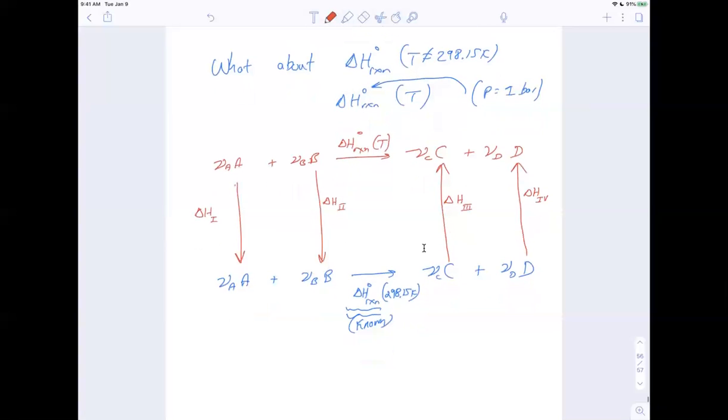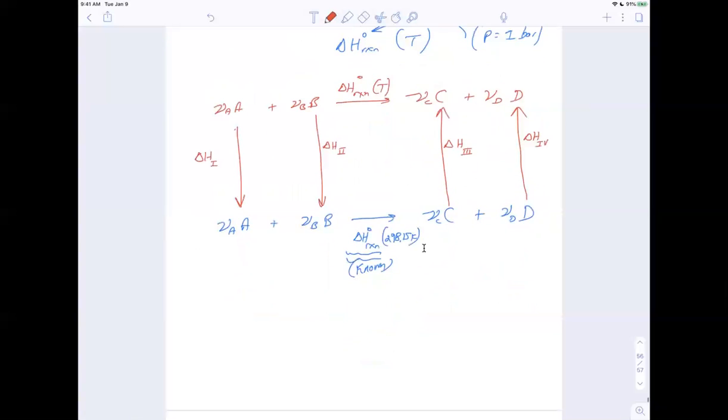So what you see here is that this delta H at the higher temperature is just the sum of the arrows plus the delta H at 298.15 K. Okay, and so we can write that this way before we fill in everything.